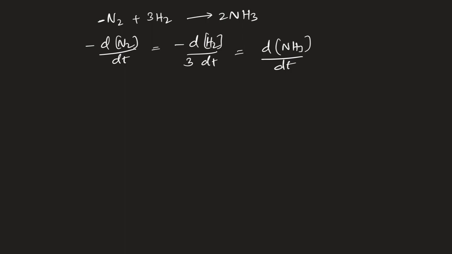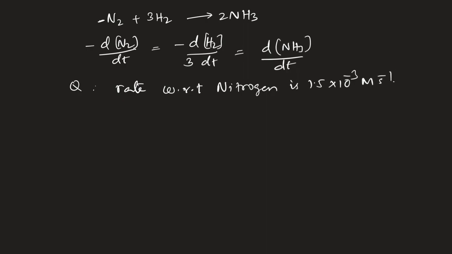Now, for example, in the question they gave the rate with respect to nitrogen is 1.5 into 10 power minus 3 molarity second inverse. Then what is the rate of formation of NH3? Then we can calculate the rate.